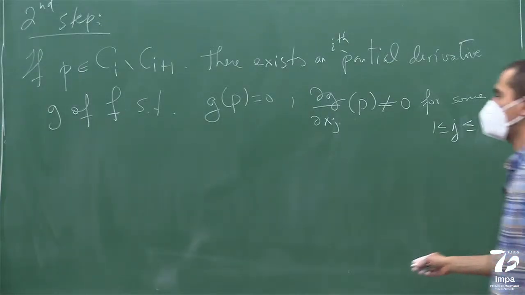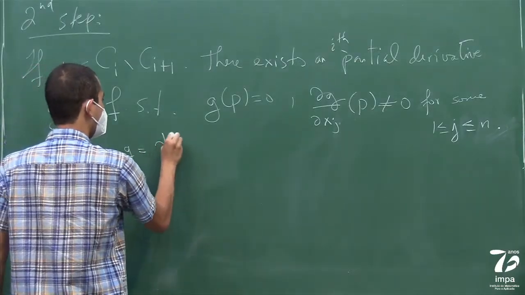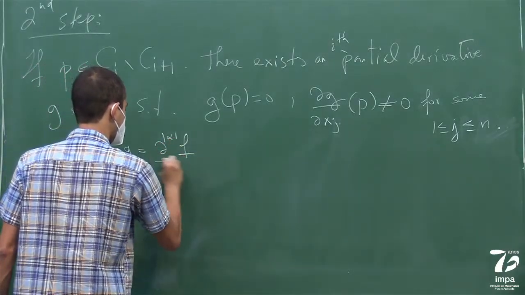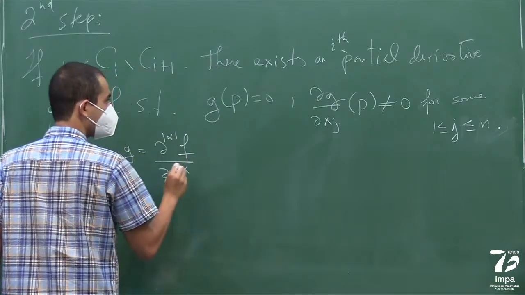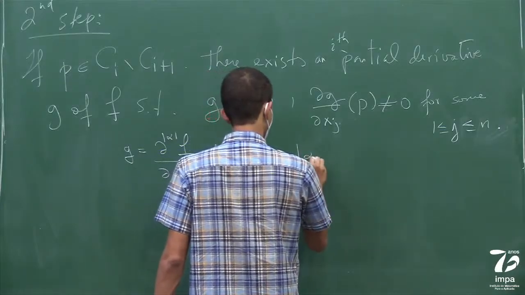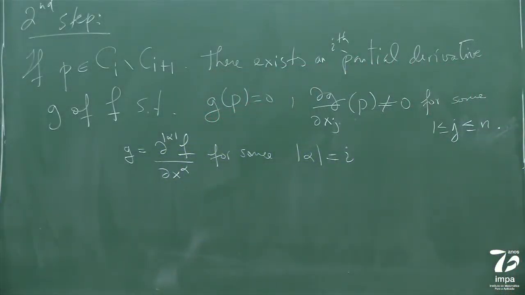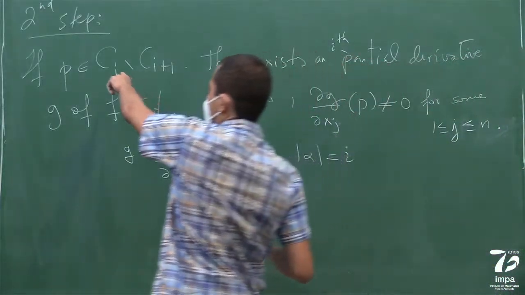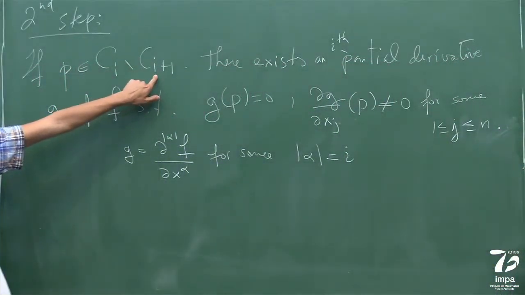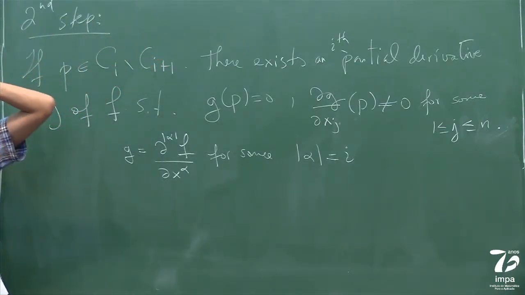Okay, so you can think g is the norm of df dx alpha for some multi-index alpha whose length, whose modulus is I. Because I know that I'm in Ci, but I'm not in Ci plus 1, so not all of the I plus 1 derivatives are 0.